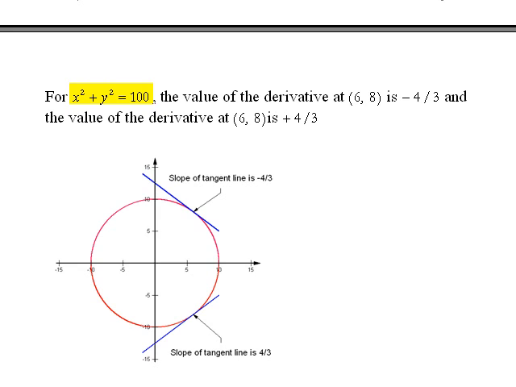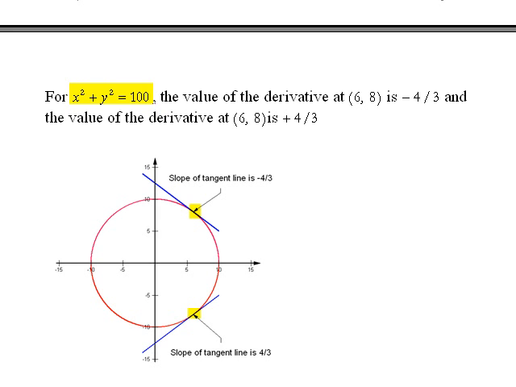If I take the derivative at (6, positive 8), it'll be right here, the slope is minus 4/3, because as you're coming down this part, remember slope has to do with progressing towards increasing positive x. So you're coming down the curve this way, the slope is negative. What's the slope on this side? It's positive, it's 4/3. So it depends where you are on the curve what the slope is.